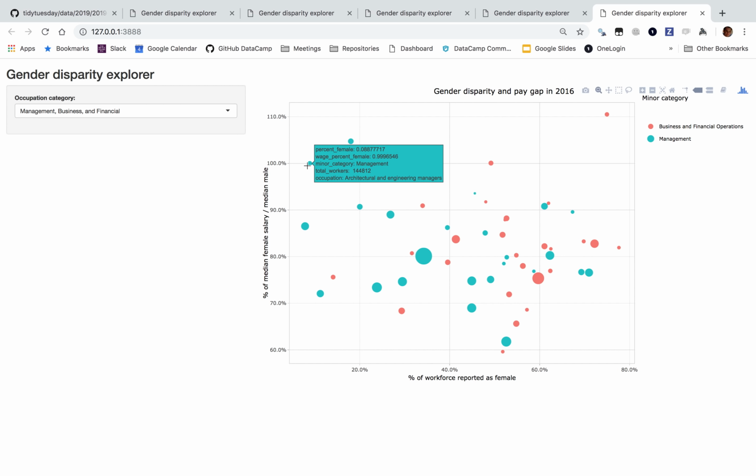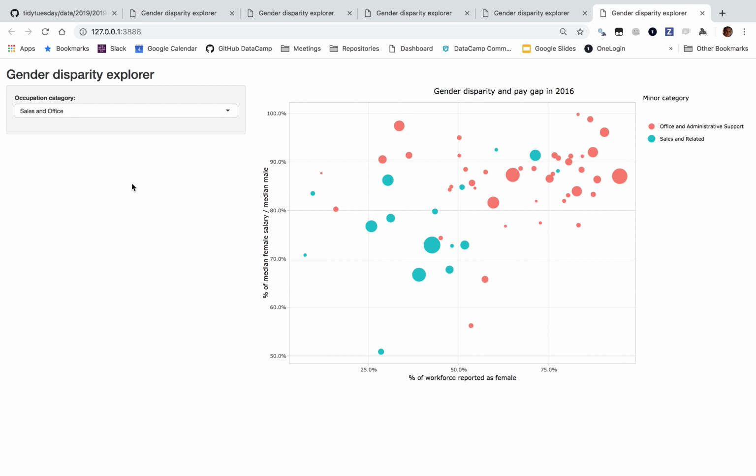Okay, in this examination we're not looking at all at what the total wages are. That's another major part of what drives gender disparity across one occupation category. But here we go. Sales and office, maybe a slight correlation.